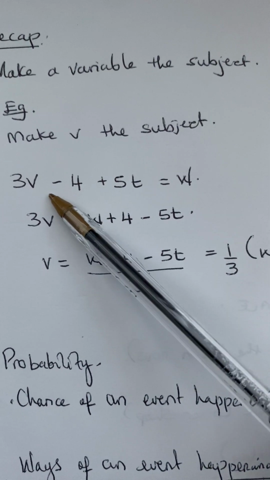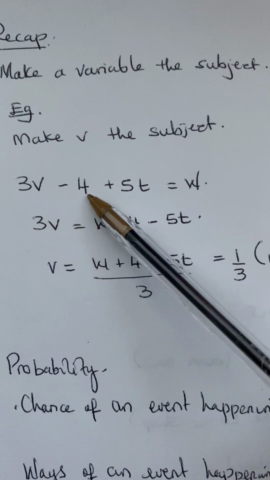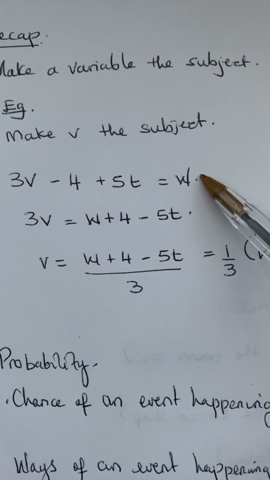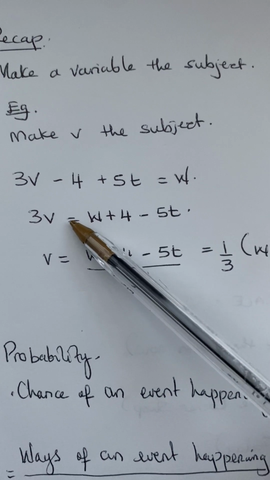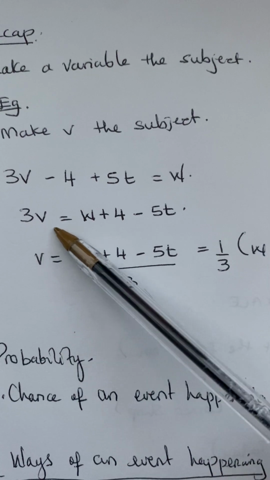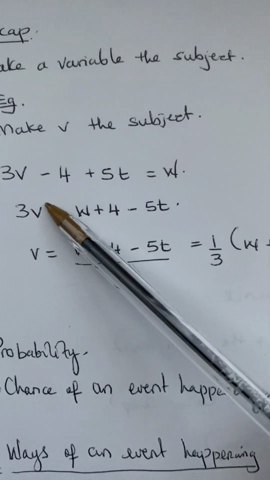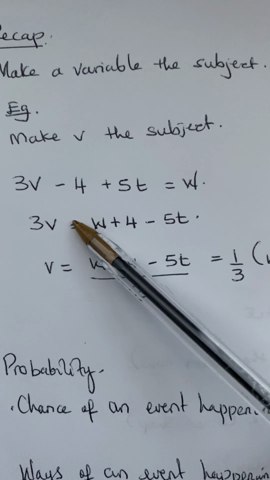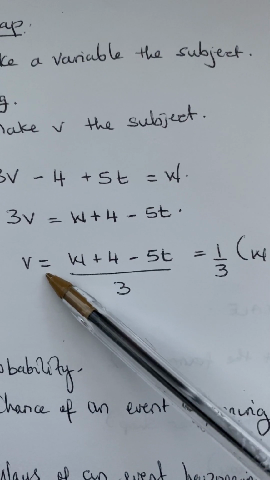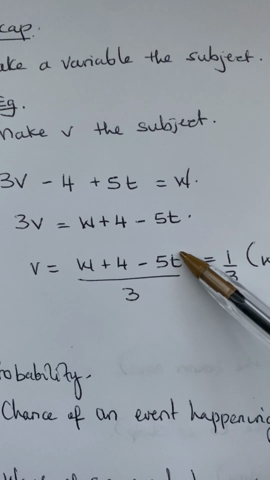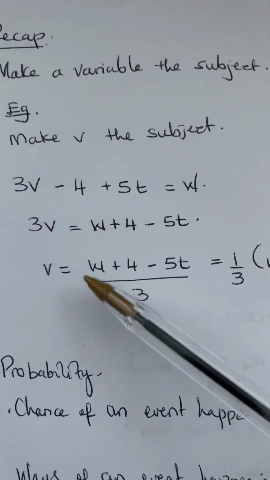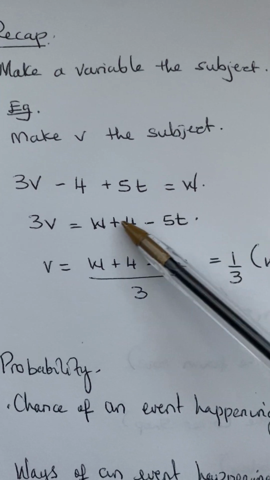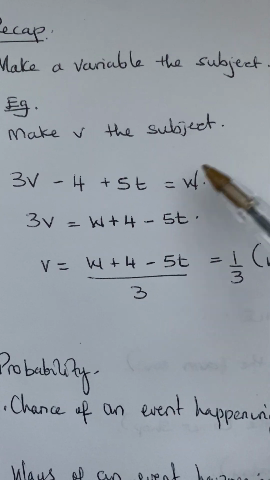The equation is 3v minus 4 add 5t equals w. We need to make 3v the subject, so our final equation should be v equals something, but here it is not. Let's see what we'll do.